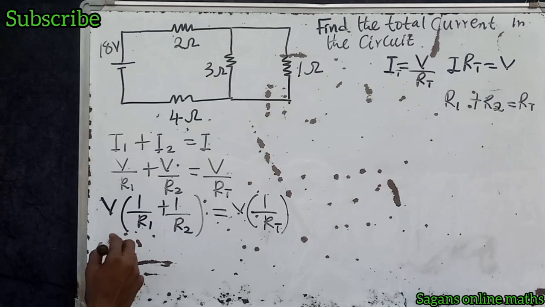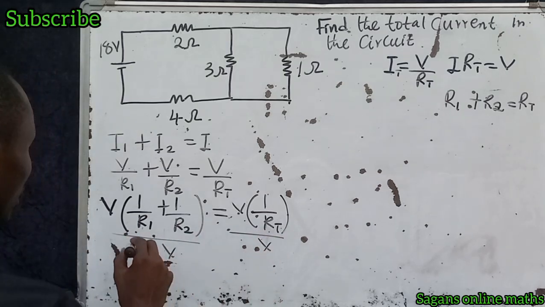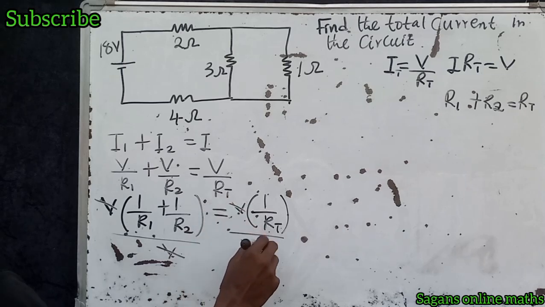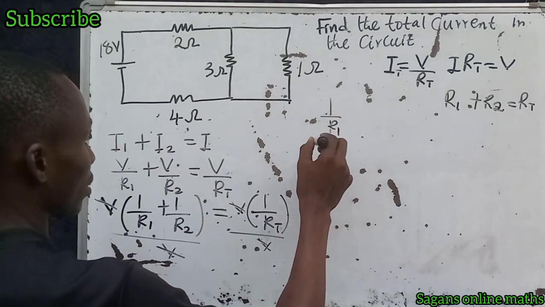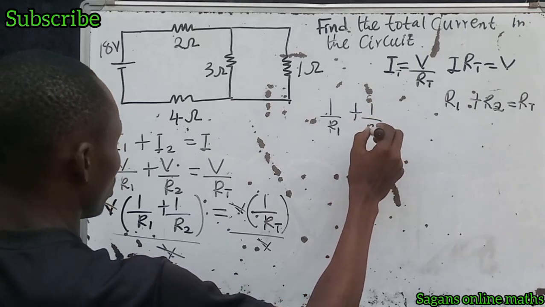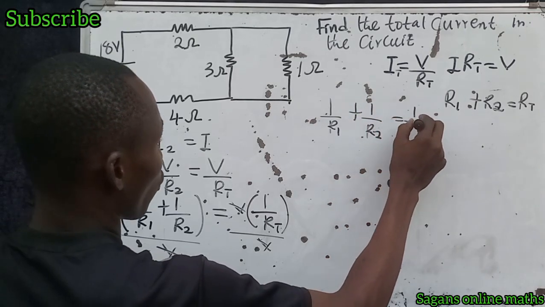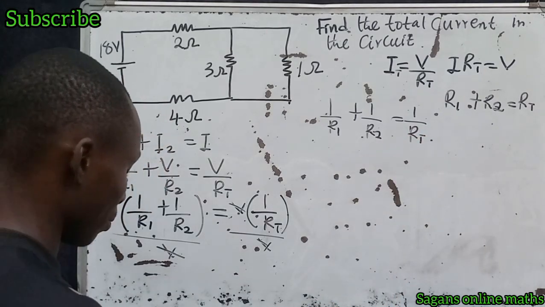Now if we divide both sides by V, this V will cancel out this, and this V will cancel out this. So now we see that 1 over R1 plus 1 over R2 is equal to 1 over total resistance.